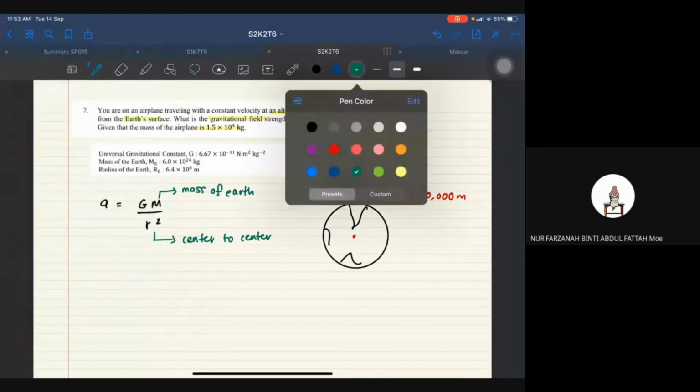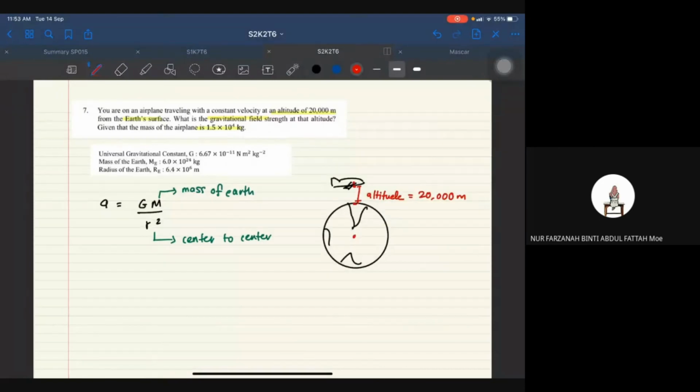Doesn't really matter pun sebab dia kecil je. Okay, here you have to add up radius of the earth with capital R, E, with the altitude. So it will be RE tambah altitude. Okay, I hope you guys really understand sebab saya memang tunjuk sekali ya.